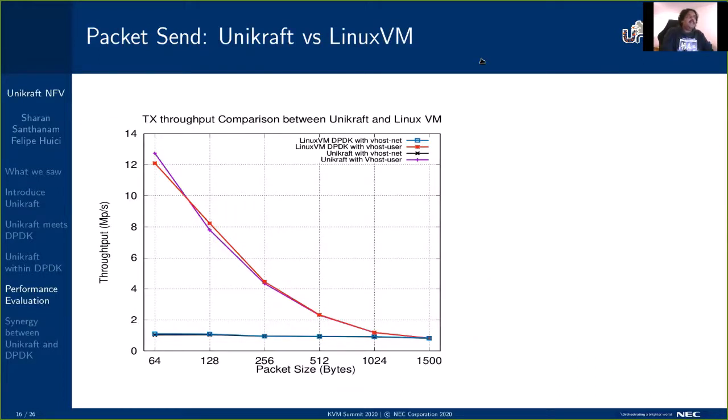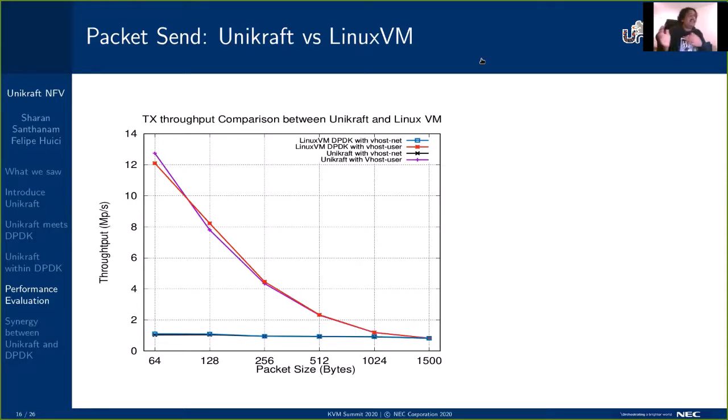In the next graph, which shows the baseline performance, we vary the packet sizes from 64 bytes up to 1500 bytes, and we measure how much throughput we get in terms of millions of packets per second.